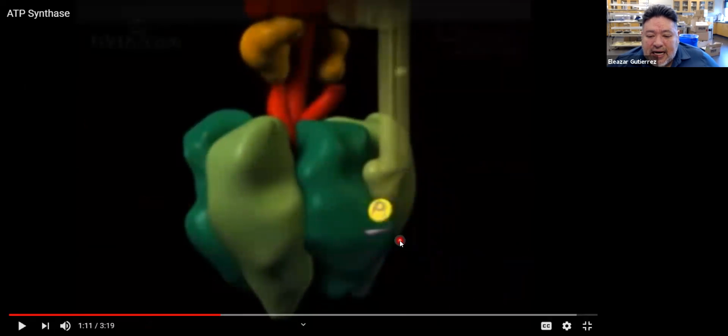So notice that ADP, an inorganic phosphate, associates with this lollipop head. There's 3 catalytic sites on this lollipop head. In other words, 3 ADPs and 3 inorganic phosphates attach. So every time that ATP synthase turns once, it produces 3 ATPs.